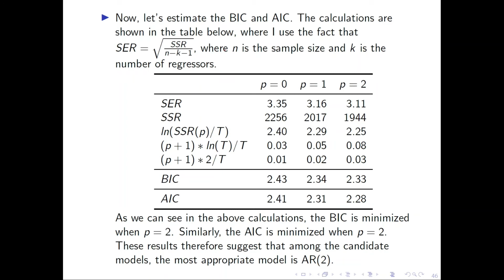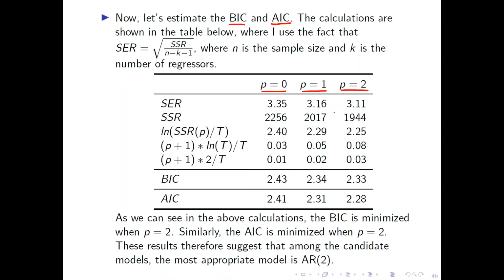Now we can look at the Bayesian information criteria and the Akaike information criteria. So in our table here, we estimate the model with 0 lags, with 1 lag, and with 2 lags.